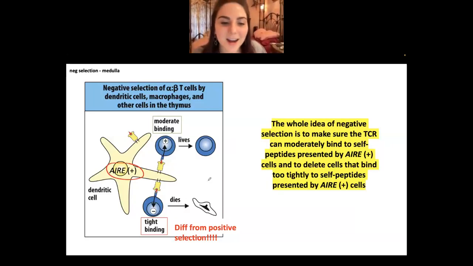So if it's binding tightly here, again, it's MHC presenting self-antigen, this is going to die. Moderate binding, it's going to live. And at this point, we don't want weak binding here, because if you have weak binding, it probably is not recognizing MHC. It's probably one of those that escaped positive selection. So we want moderate binding for negative selection.